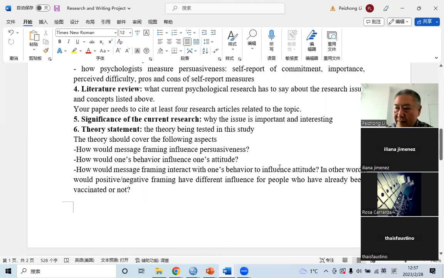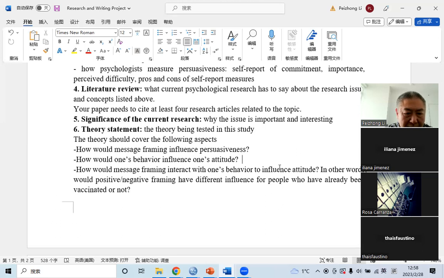Do you think those people who have already got the flu shot will have a more positive attitude toward the flu shot? Yes, I believe so. Actually, this effect has been demonstrated over and over in the past. Maybe we want to replicate this effect.